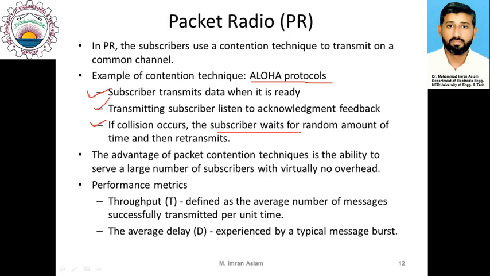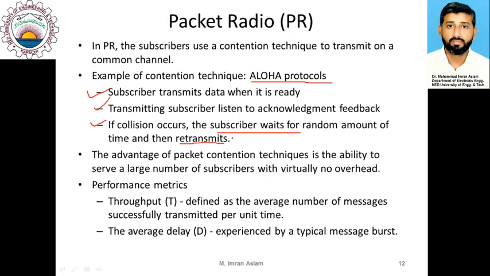So it waits for a random amount of time and then retransmits the data, and this process continues until it reaches a successful transmission. It will retransmit the data, and again wait for the acknowledgement signal from the receiver. If it gets the acknowledgement signal, it has a successful transmission.